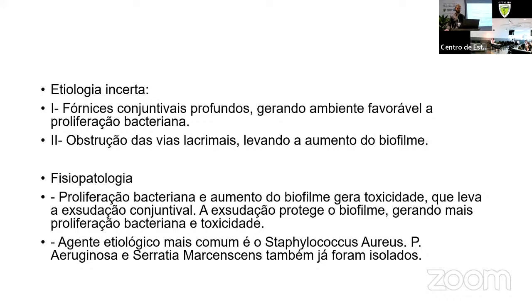So the conjunctiva has an exudate, and this exudate protects the biofilm from the treatment or whatever. And the biofilm keeps growing and keeps generating more toxicity, which keeps making bad to the conjunctiva. The most common etiologic agents are Staphylococcus aureus, but Pseudomonas aeruginosa and Serratia marcescens have also been isolated.